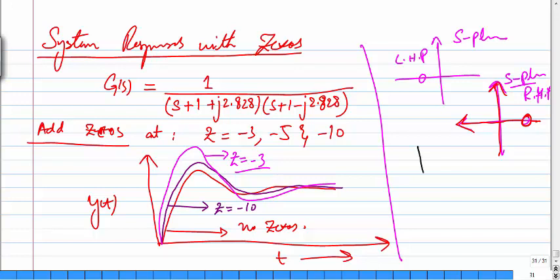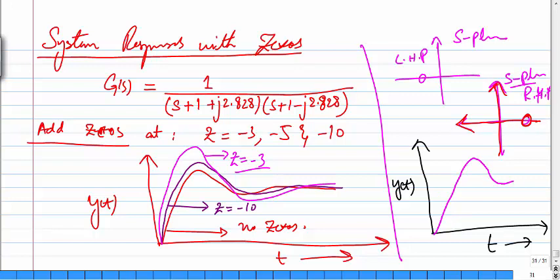If this is my output and I am looking at the step output, this is the time. Now the first one, with the left half plane 0, has this response. This is the situation when we have left half plane zeros.